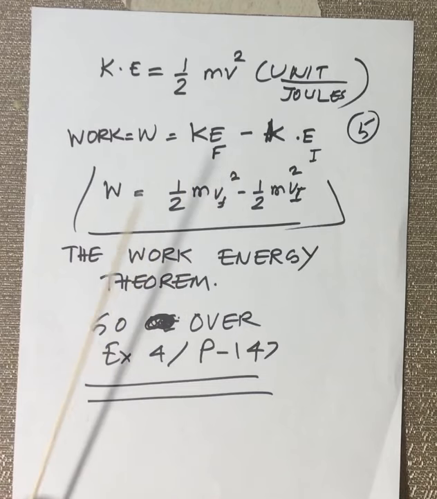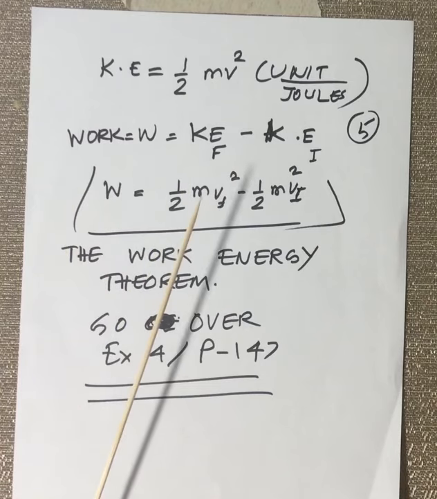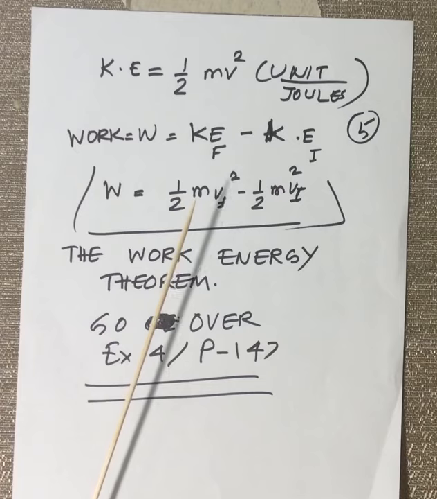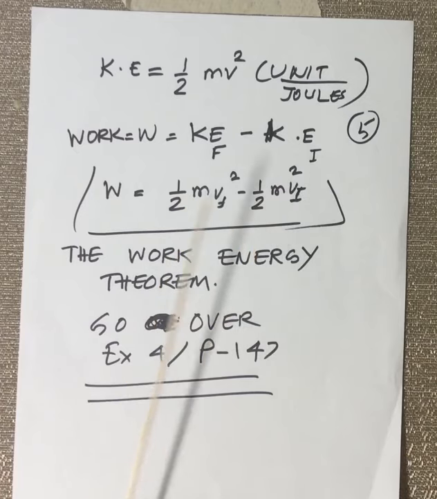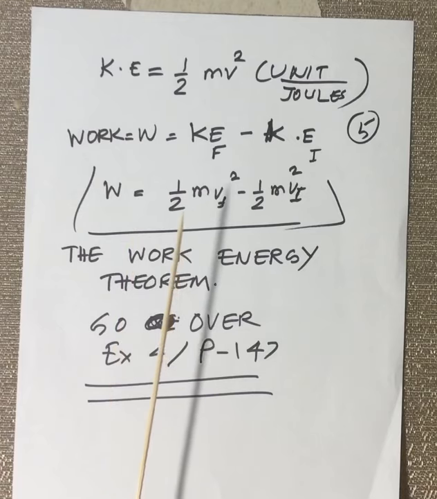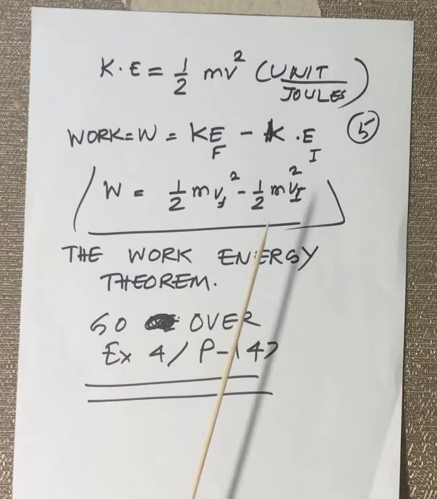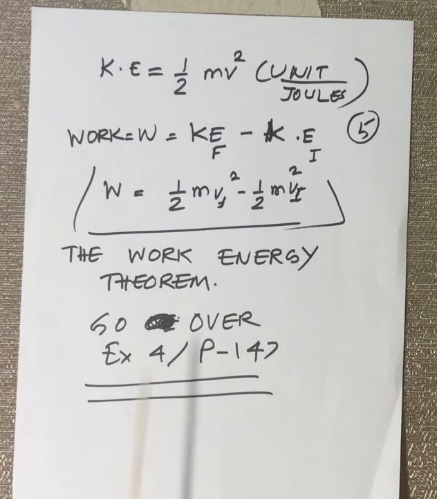Unit is in joules. So work done W is KE final minus KE initial, the difference of these two. So that's in terms of mass and velocity. This is the work energy theorem. You can go over example 4, page 147.